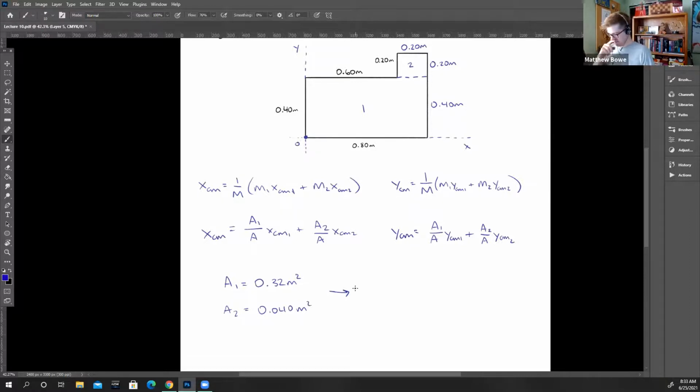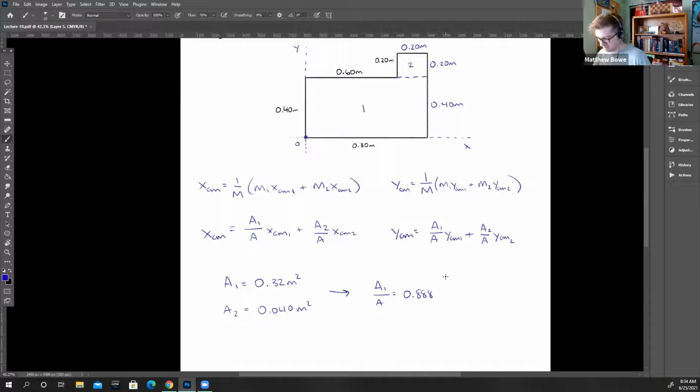I could do the ratio that is in each term. So A1 over A, the area of that first section divided by the total area, is 0.88.